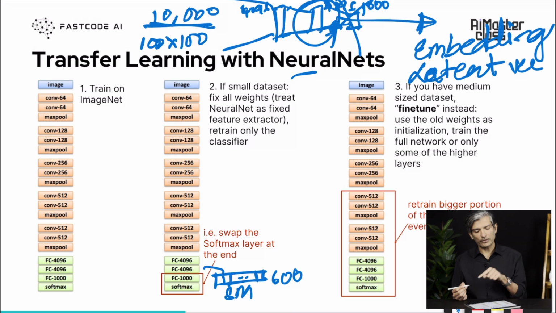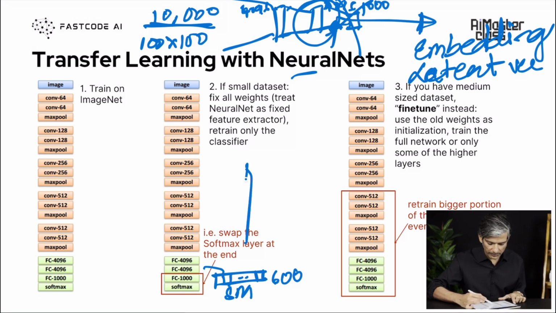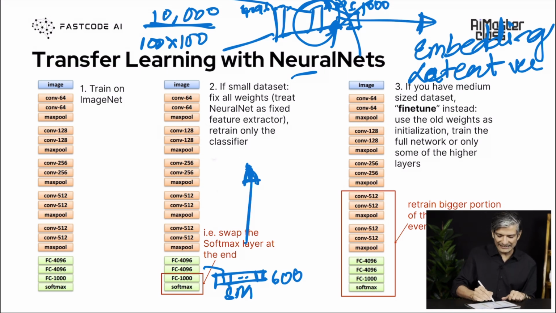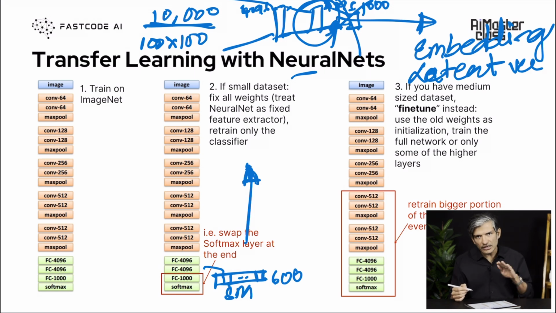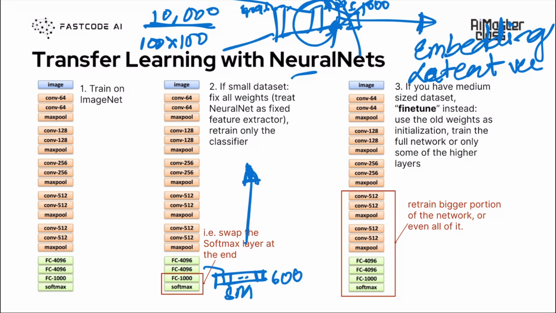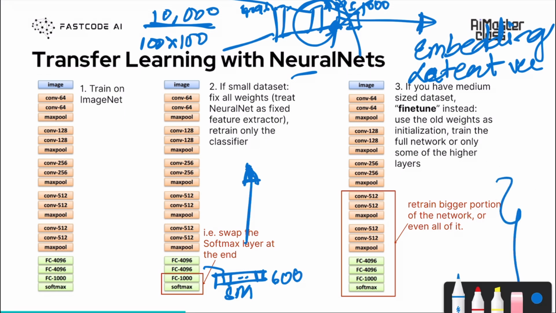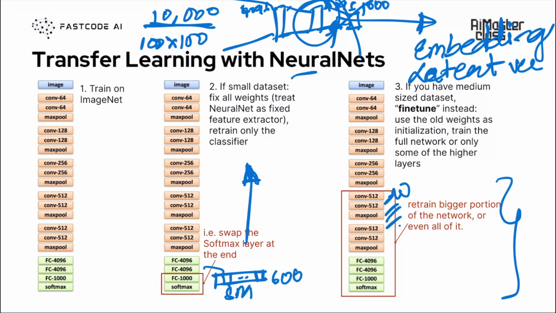What you can also do is fine tune the remaining layers: instead of freezing these layers, you can still pass the gradients and update the weights. You can also choose to retrain a bigger portion of your network. You can say, I will throw away the weights that I have in all these and retrain all of the previous part of my network.